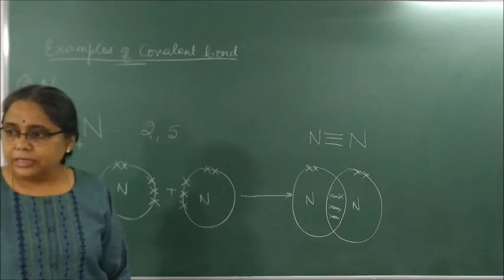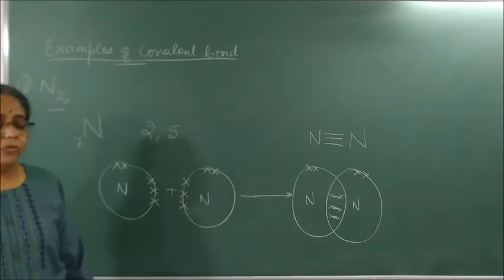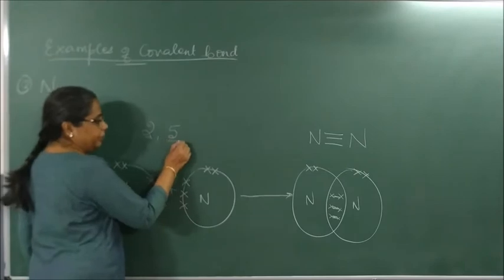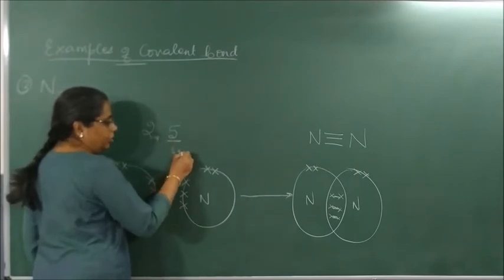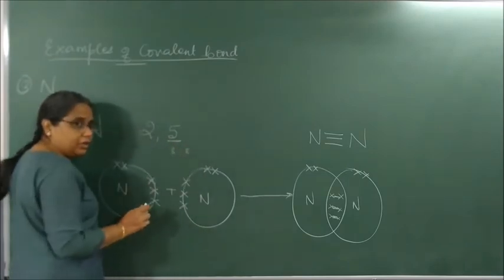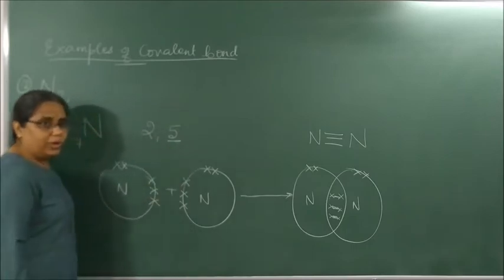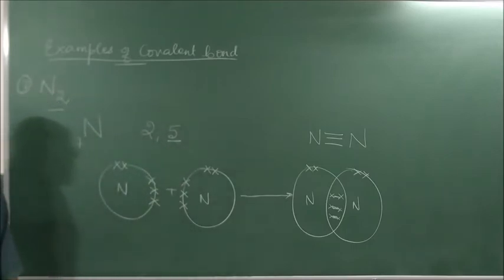How did we get 3 to one side? Because it has 5 and requires 3 more to become 8. So we put 3 electrons to one side. In oxygen it was 6, so we put 2 electrons to one side. And hence we shared those electrons in the common space. Is it clear now how we are doing it?